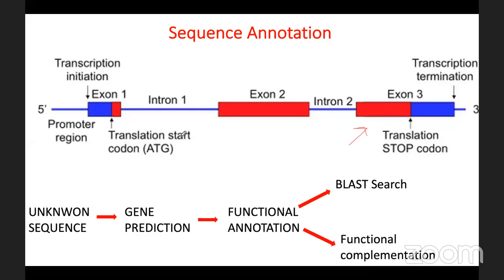But if it is not there, the only way you can annotate a gene is to transfer that gene to an individual which is lacking that gene. Say I have two mice, one mouse is deaf, it cannot hear, but I'm working on some genes related to hearing, and I landed on a piece of DNA from a mouse which was able to hear.